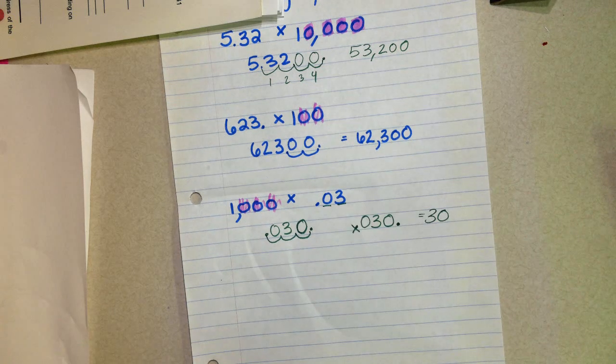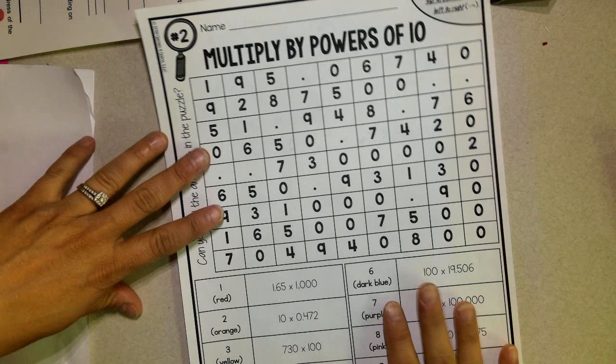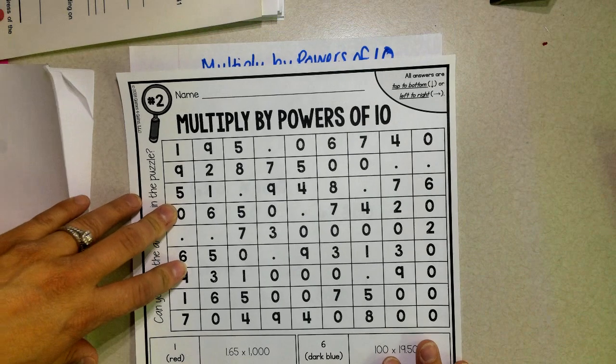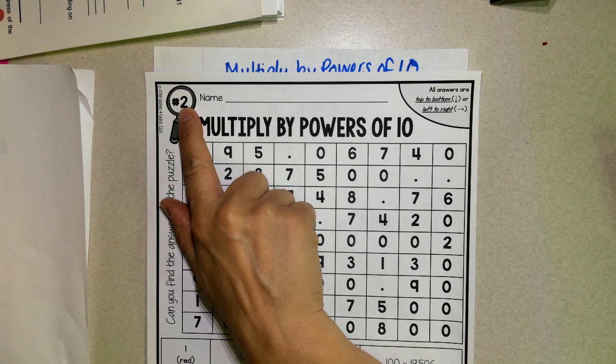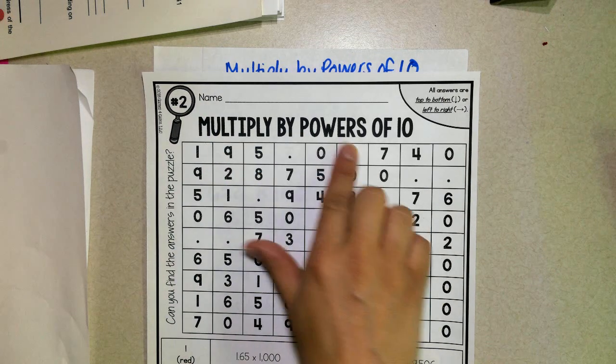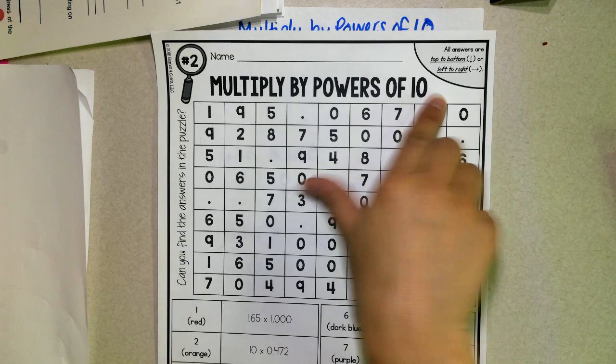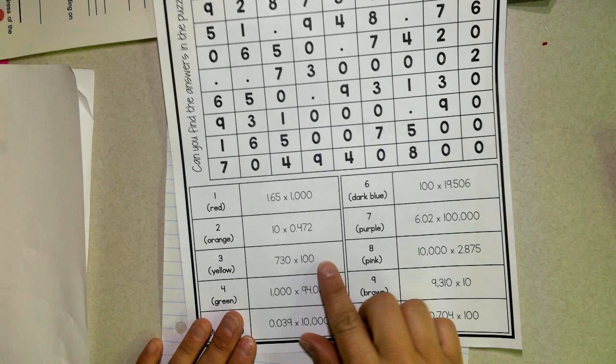All right. So at this time, I want everybody to get their materials ready for this activity. And again, I want this to be fun for you. I hope it's not stressful. So you need the puzzle number 2, multiplied by powers of 10. And you're going to need all these colors, and we're going to do one together.